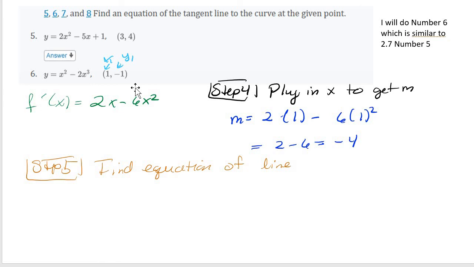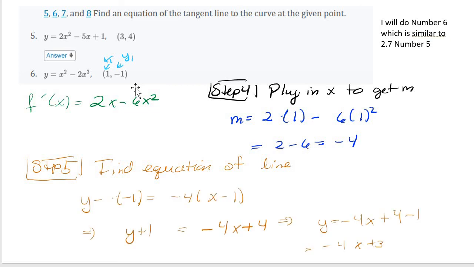You plug it into the line formula, y minus y1 equals m times x minus x1. And so I get, notice I'm really careful here, I have my parentheses around. And so I get negative 4x plus 3 when all is said and done.